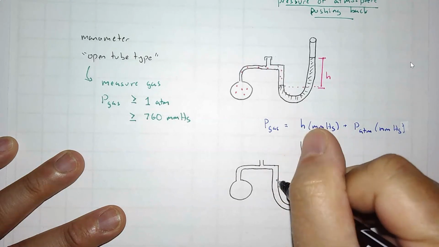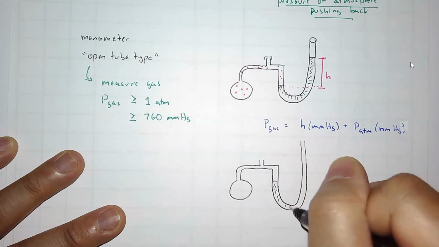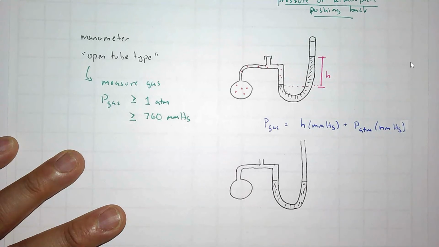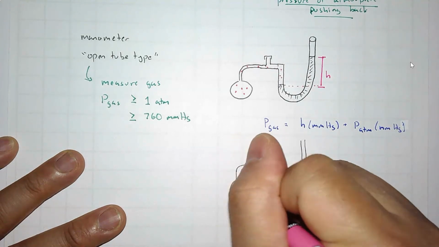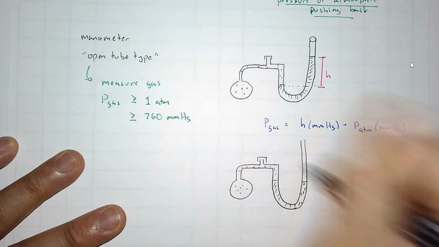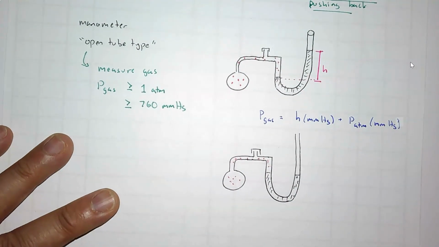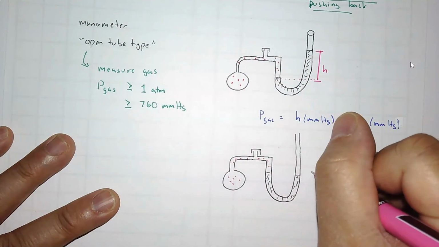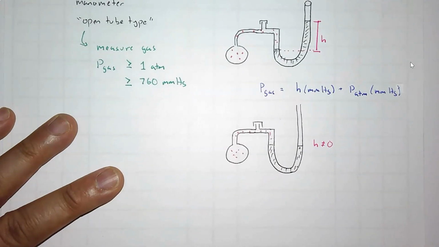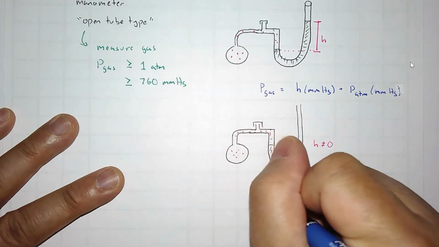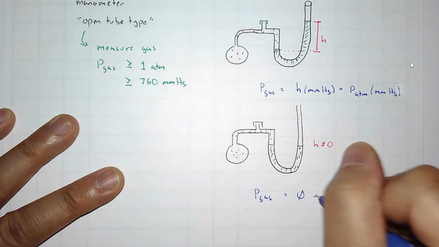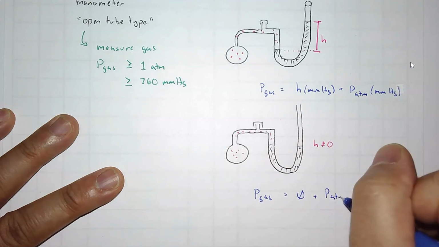And you would expect this. If the pressures were equal, you expect the heights to be equal. So in this case, you see how the difference in h, heights, is equal to 0? So look at your equation. P of gas equals 0 plus P of the atmosphere.